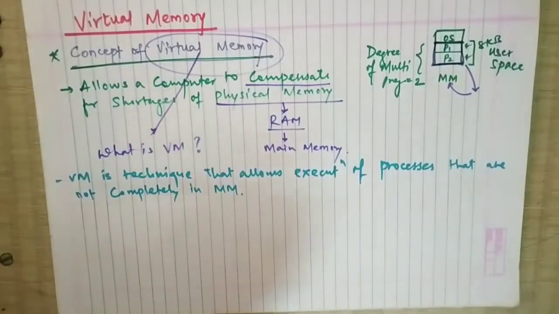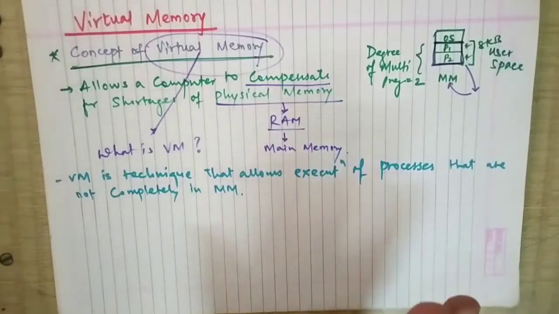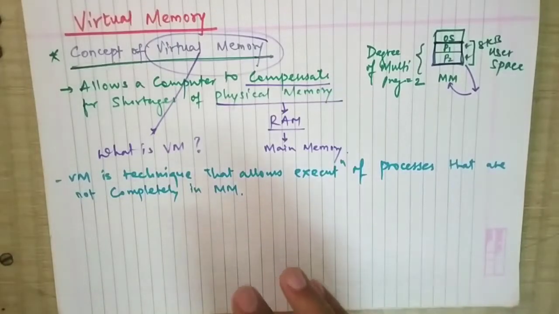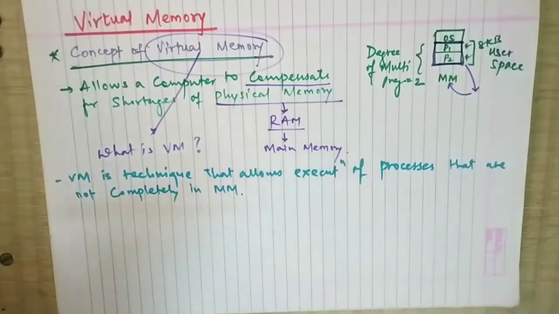It means that if the process is not completely in the memory, it is also okay. With the help of virtual memory, we will keep some part of the process inside the main memory and the remaining part in the hard disk.